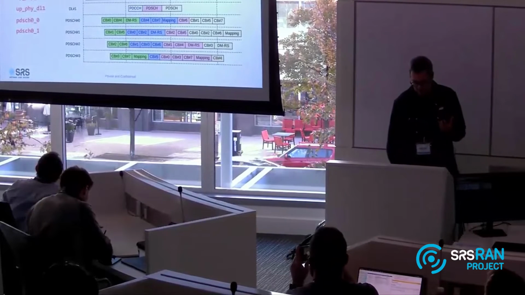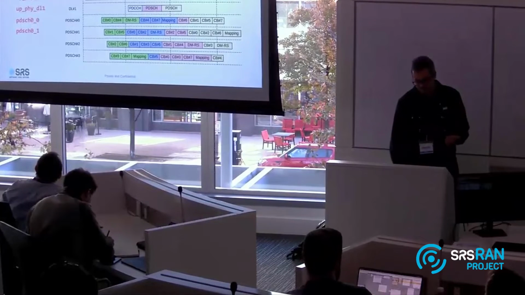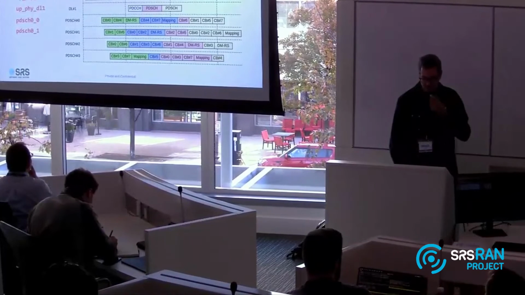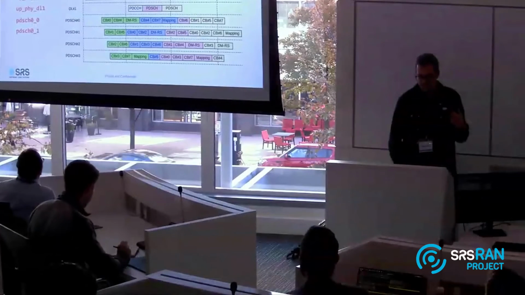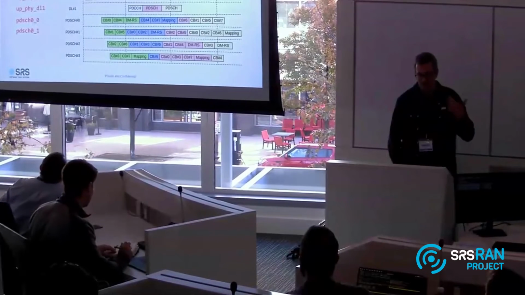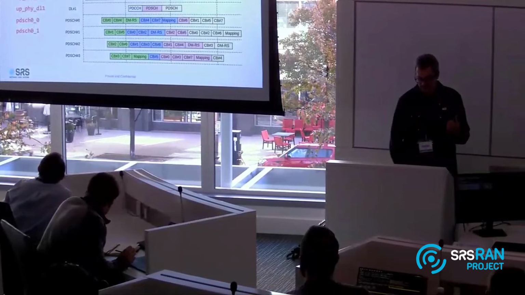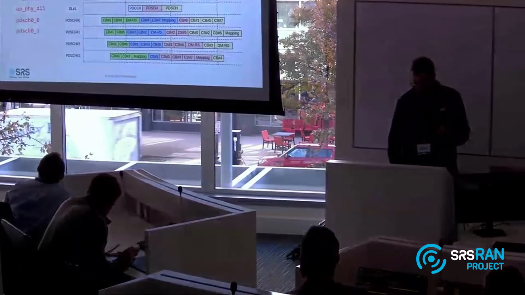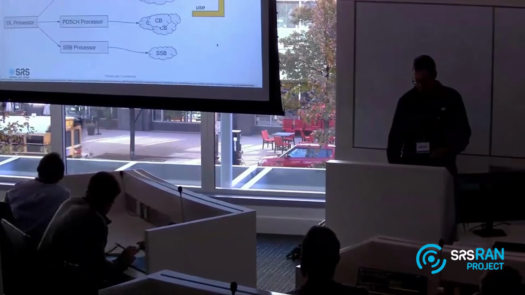We have the FAPI adapter that receives at this point, this is where the L2 generates the scheduling decisions. As soon as the scheduling decisions are transmitted to the PHY, it can start generating the PDCCH, but it cannot encode the PDSCH until the transmit data request arrives.